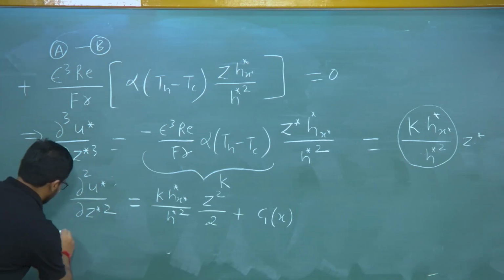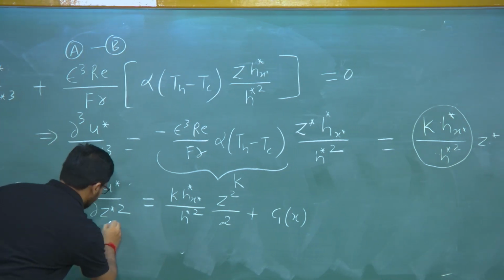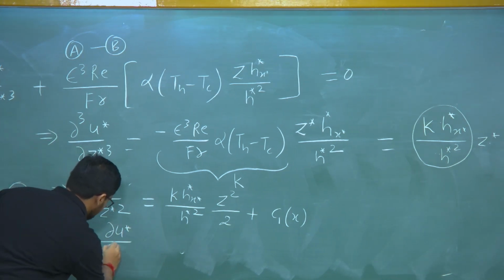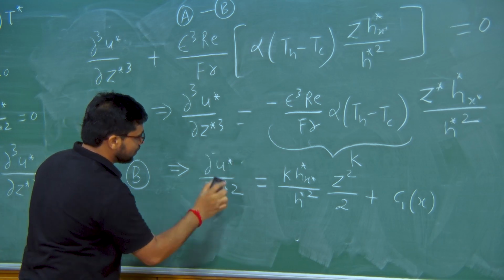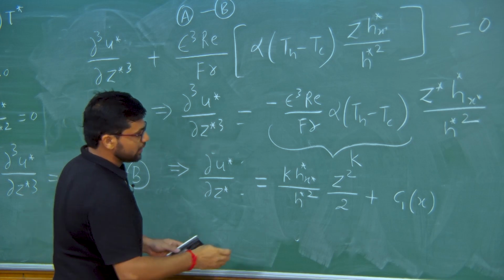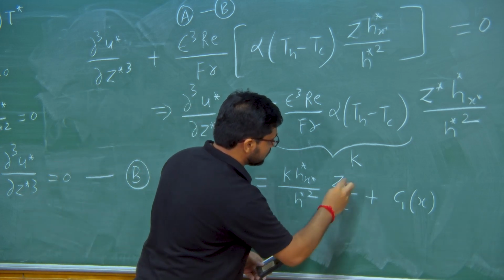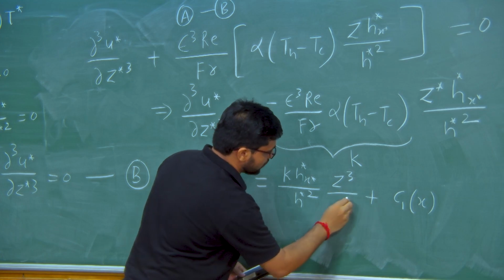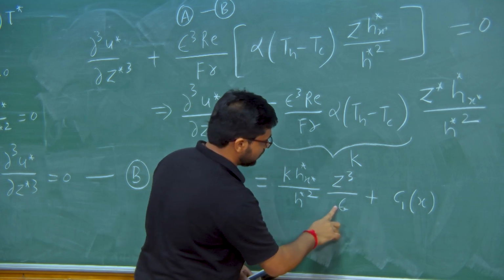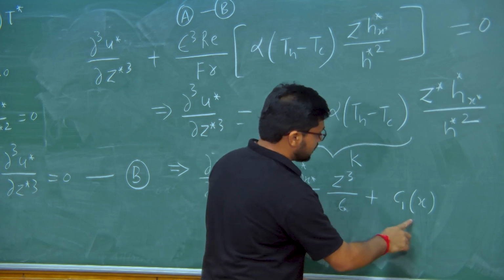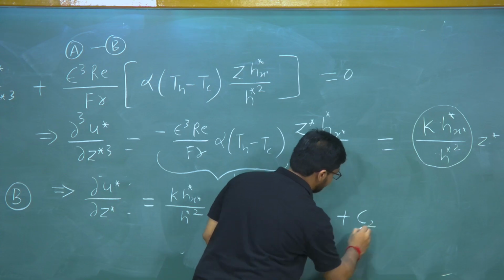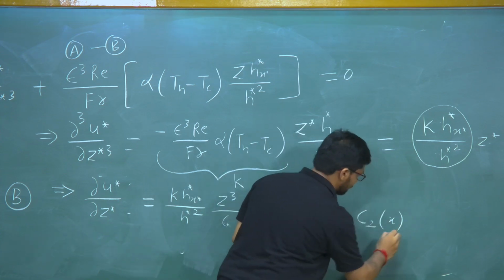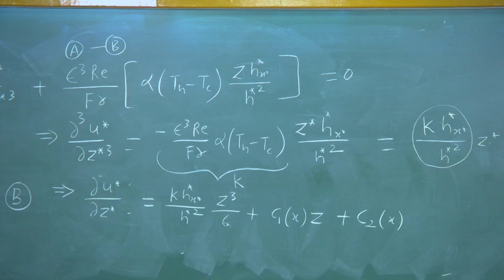Integrating again with respect to z, I can do it directly here: this will be z³ upon 6, because z³ by 3 will come and 2 is already there. So, this becomes z³ by 6, plus C1 z, plus another arbitrary constant which is a function of x, equal to ∂u*/∂z*.